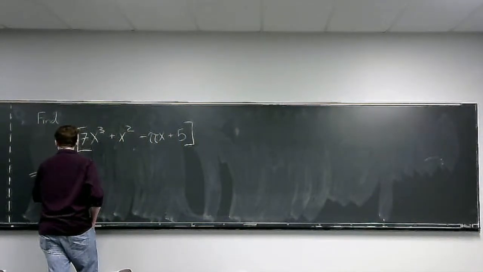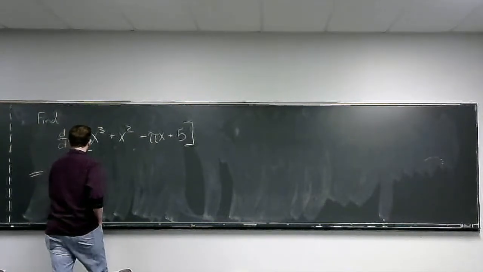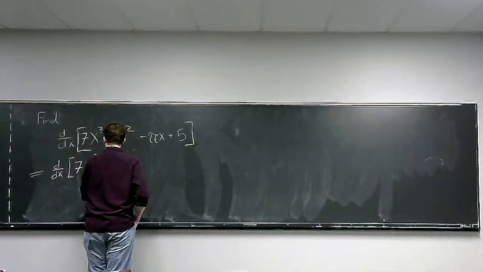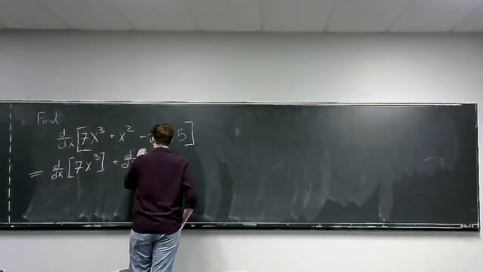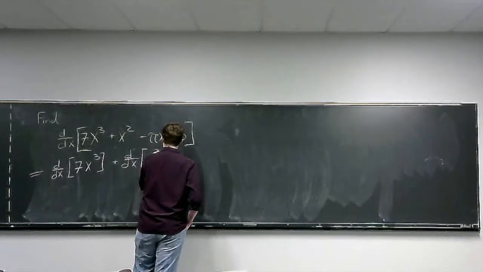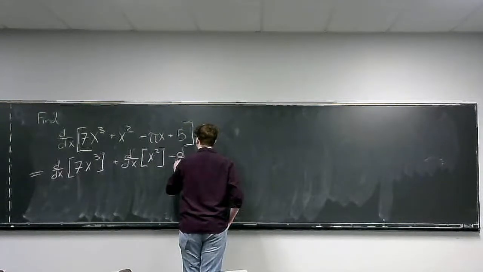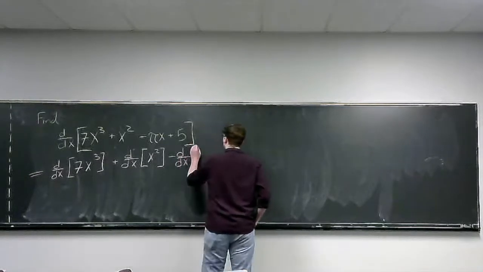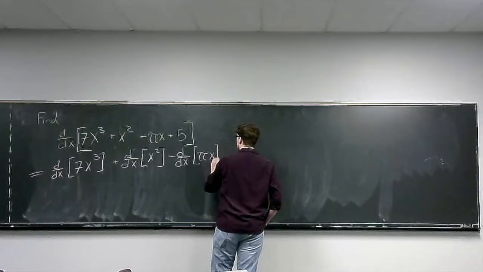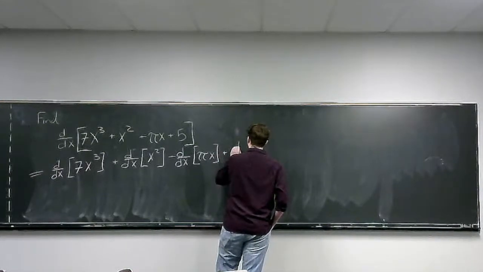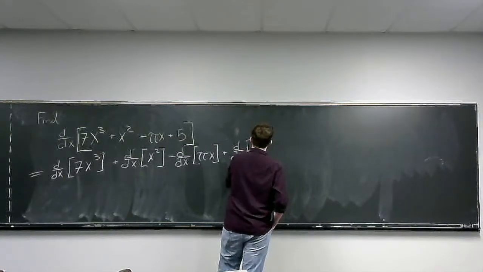This thing is equal to d dx of 7x cubed plus d dx of x squared minus d dx of pi x plus d dx of 5.